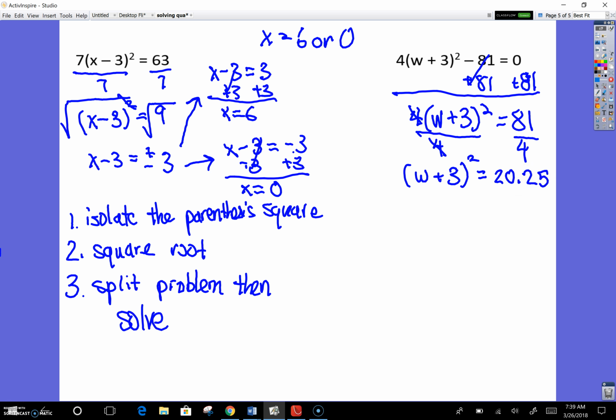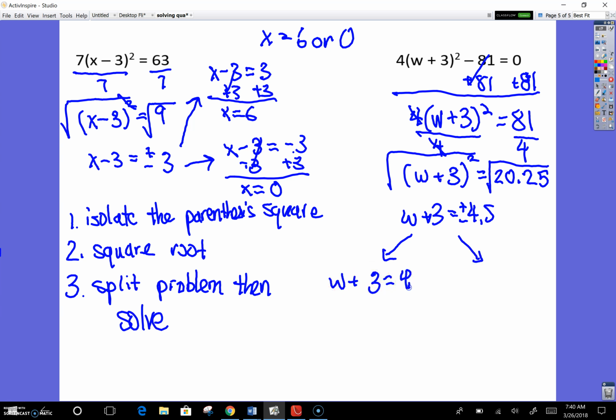Next thing I do is take the square root. Since I isolated the parentheses already, w plus 3 is equal to the square root of 20.25, which I think is 4.5, plus or minus. Remember now I split. W plus 3 is equal to 4.5. W plus 3 is equal to negative 4.5.